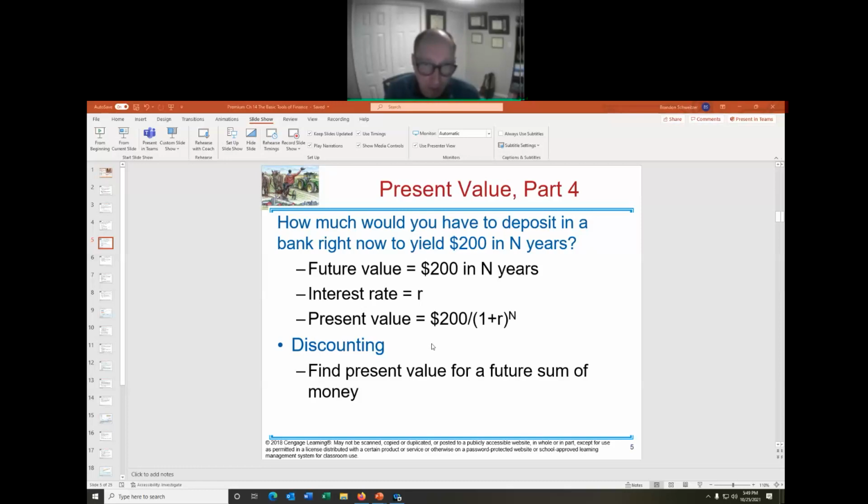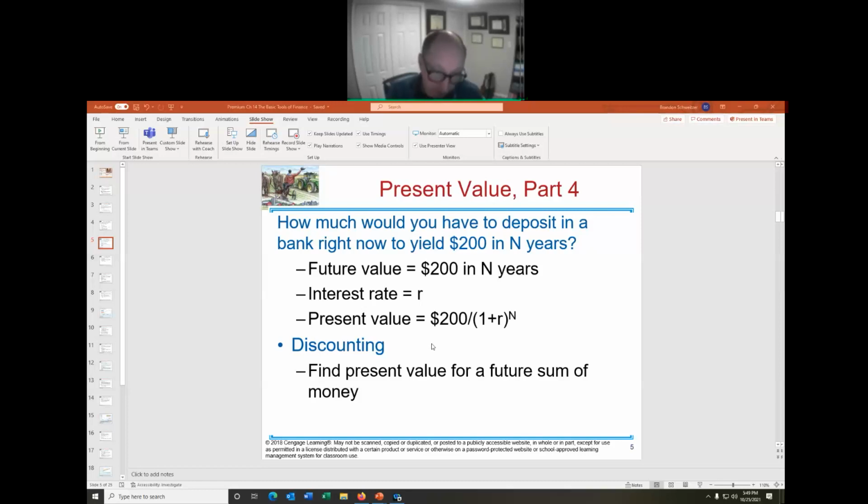So here's another example. How much would you need to deposit in the bank right now in order to have $200 in the bank in 2 years from now? So n is the amount of time in periods, or a number of years. R is always the interest rate. To find how much I would need to put in the bank today, which is present value, I would put future value, in this case 200, divided by 1 plus the interest rate to the power of the number of years.